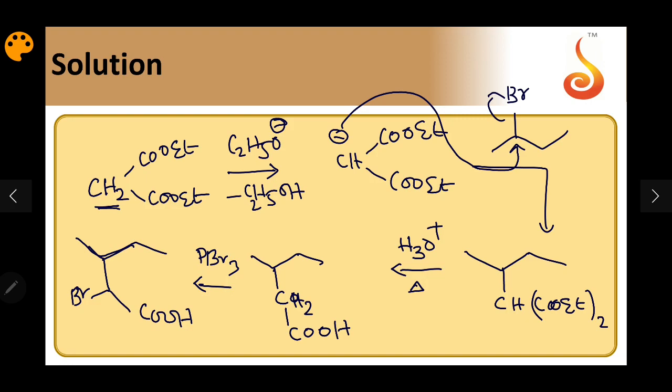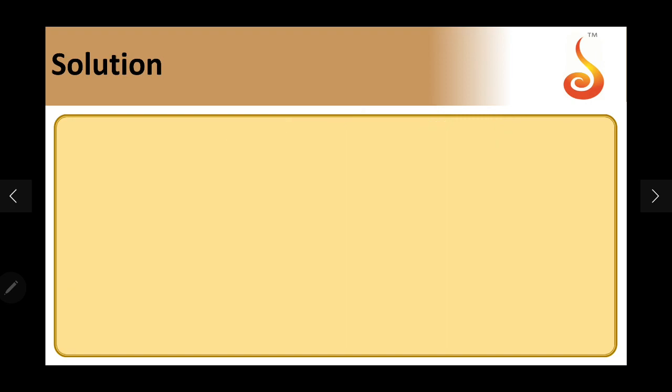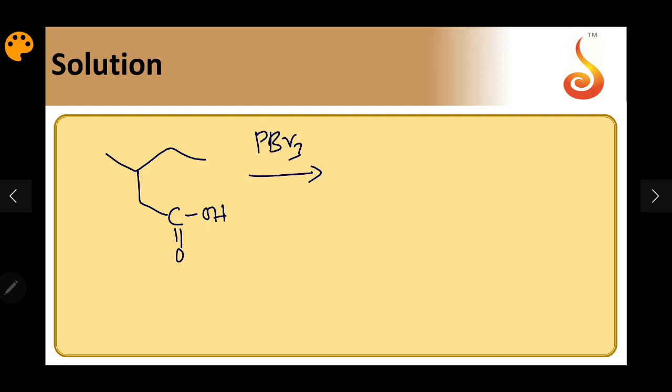So we'll take the other slide. I'll write from the previous step. This is the compound we had. So PBr3 is like P plus Br2. So it is going to be the HVZ reaction. So Br will come here.